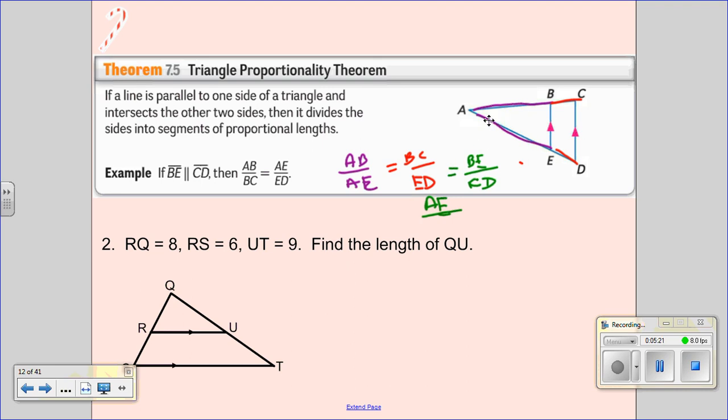So for the larger triangle, it's AD, which is the same side. It's proportional to AB on the smaller triangle and AC on the larger. So that's another possible setup.